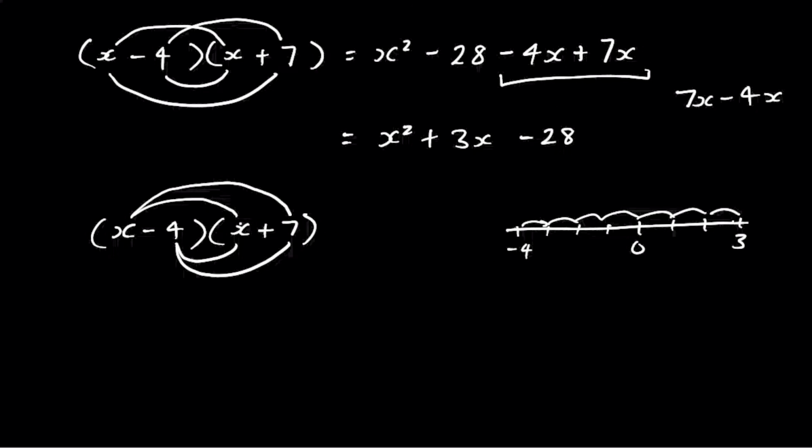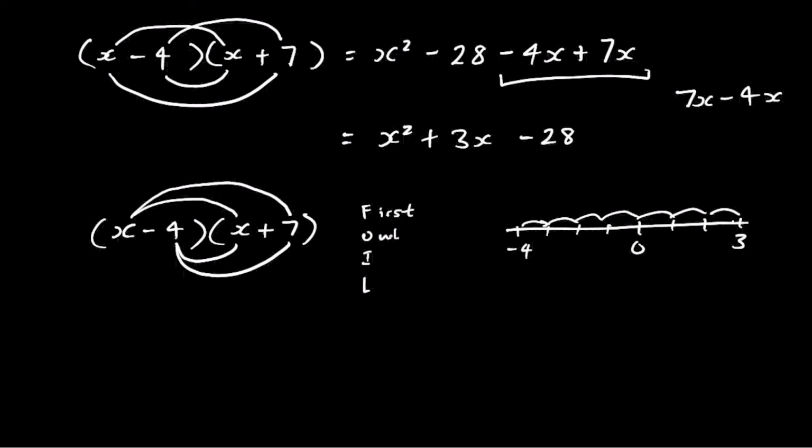So another way of thinking about this half-moon method that doesn't actually put lines on the brackets is what's known as the FOIL method. So the FOIL method, F-O-I-L, it's just an acronym that gives us a way of remembering all the different multiplications we have to do. So the F stands for first, so that means you simply multiply the first of each bracket, so the x times the x at the first part of each bracket.